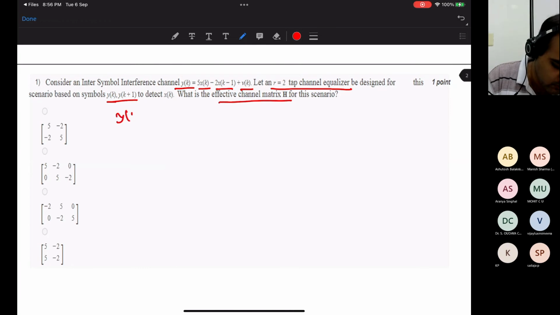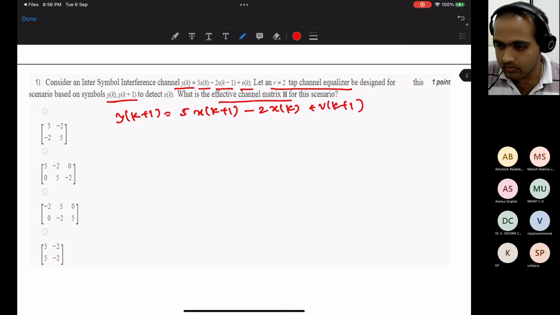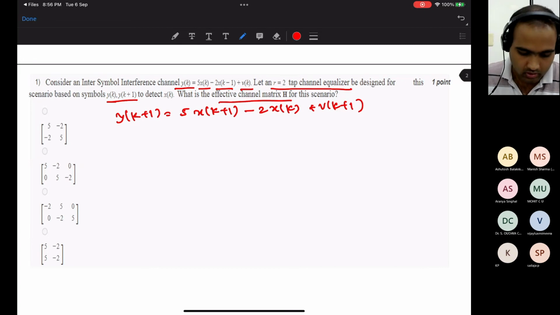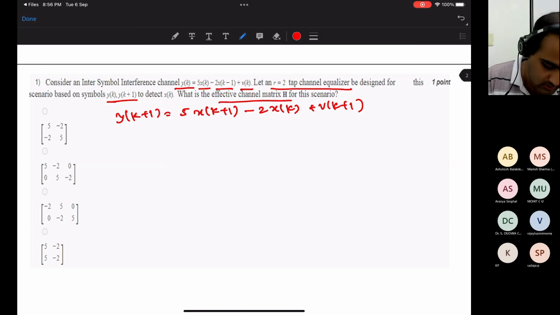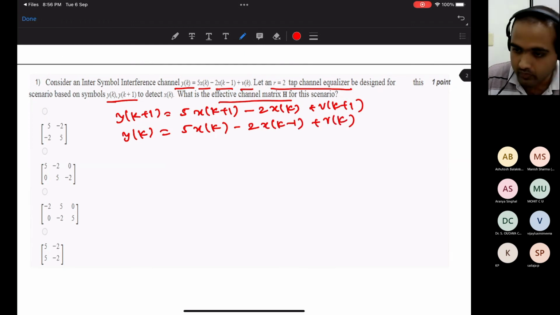What will be yk plus 1? Yk plus 1 will be 5 times xk plus 1 minus 2 times xk plus vk plus 1. You can also solve with me, and if you have any doubt at any instant, you can just ask me. Similarly, yk will be 5 times xk minus 2 times xk minus 1 plus vk.